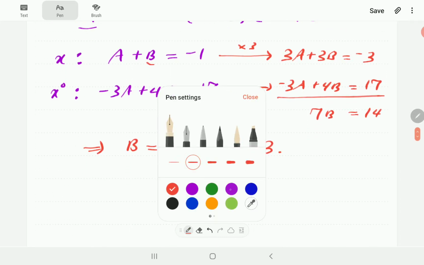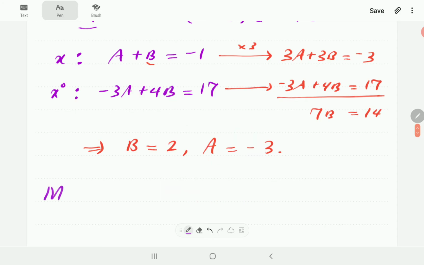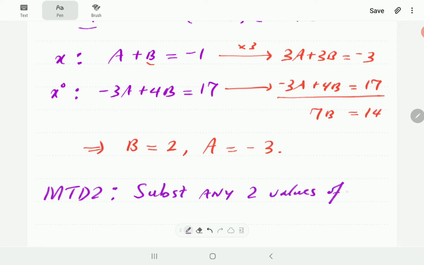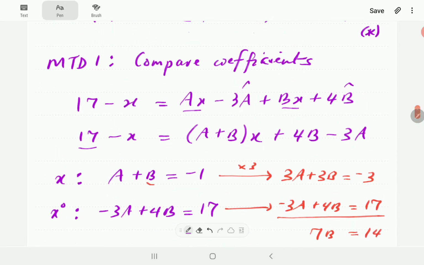Then there is method 2. Okay, method 2. I'm just going to rewrite this equation asterisk. So method 2 says substitute any two values of x in equation asterisk.